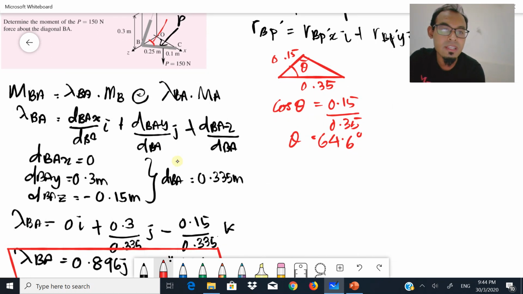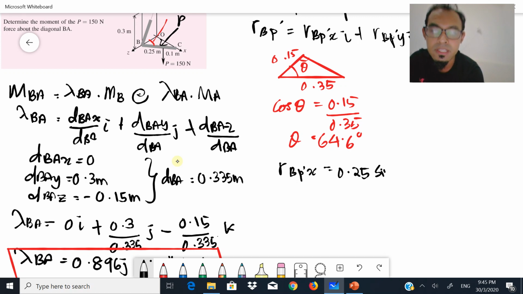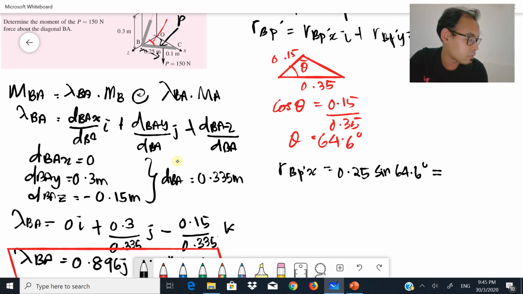Once we get theta, we can find r_BP'x. So r_BP'x is 0.25 sin 64.6 degrees. Sine, because we need to find x from B to P prime, this distance, so we use theta. The answer is 0.226.